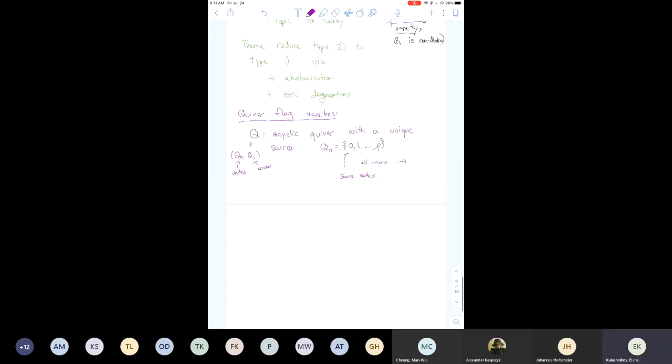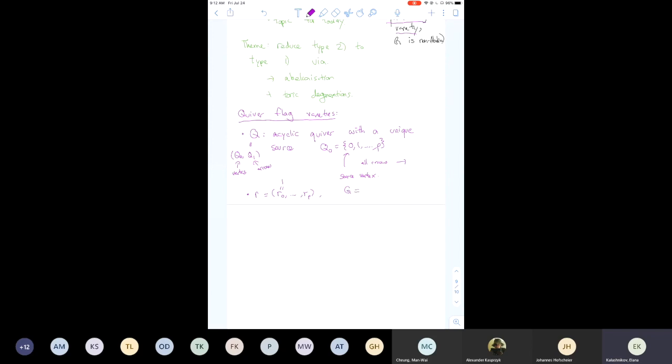That's the quiver, one piece of input information you need. The other input is the dimension vector. This is a choice of dimension for each vertex, but we always choose dimension 1 for the source vertex.